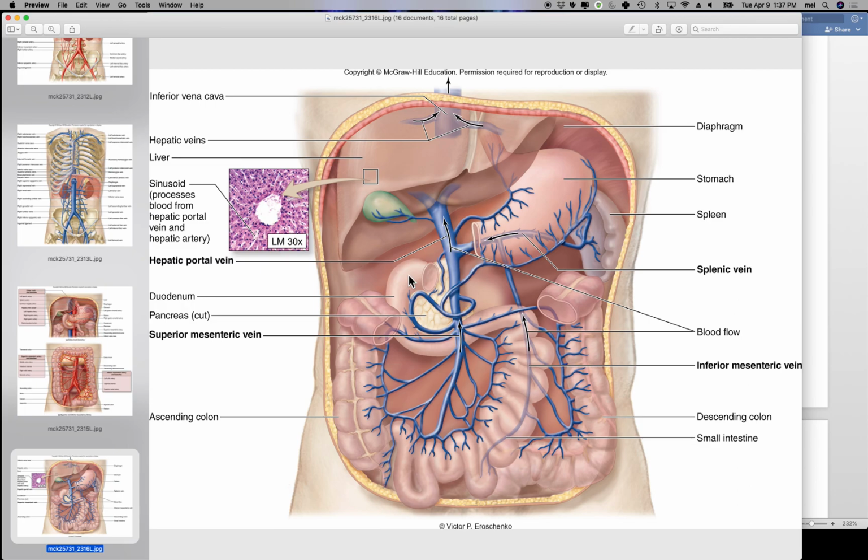This is sending in troops and weapons, because the spleen, if it encounters any antigens, any pathogens in the bloodstream, will send antibodies out and also white blood cells out. So do you see what it's doing? These are sending in potential enemy combatants.